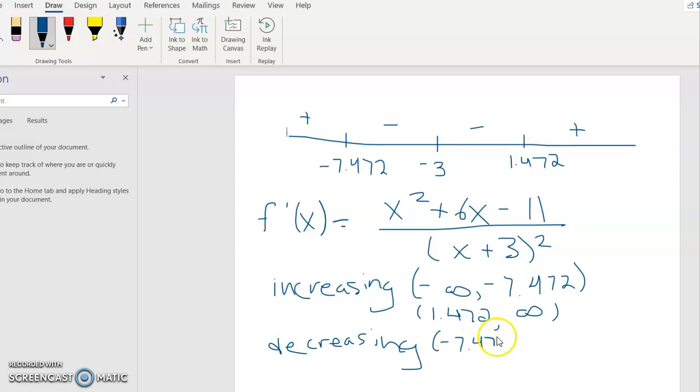Don't make it one. Negative 3 is not in the domain of the function, so we cannot list it in our interval. It can't be in the middle of it. It has to be not included, which is what this means. So we have this one, and we also have negative 3 to 1.472.